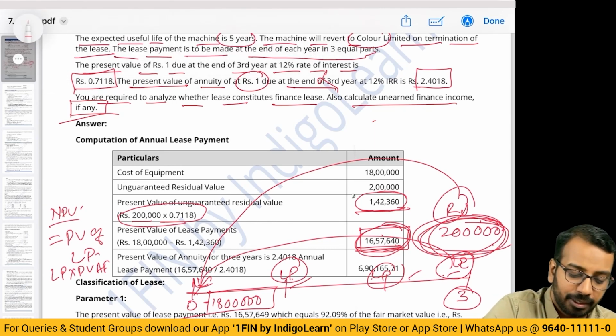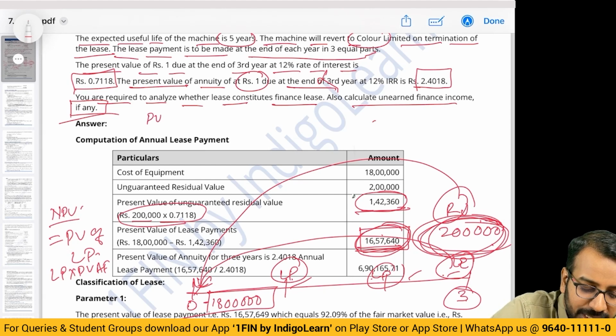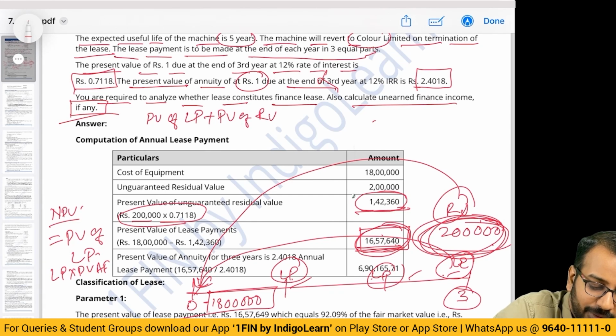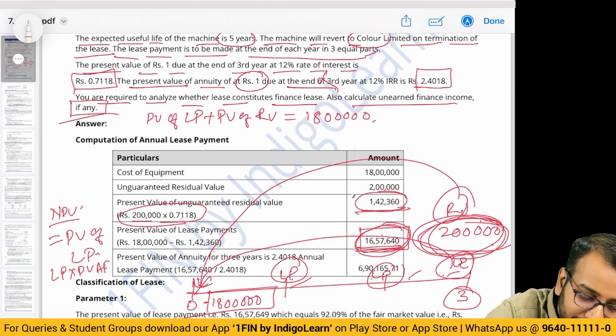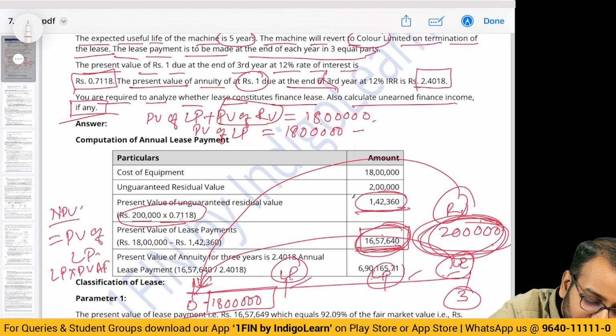At 12%, present value of lease payment plus present value of residual value should be equal to 18 lakhs. Another way to understand. So present value of lease payment should be equal to 18 lakhs minus present value of residual value.